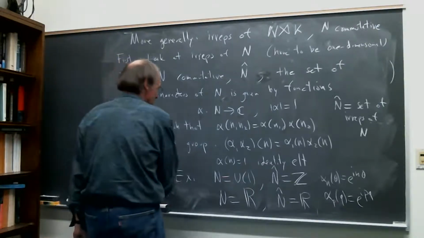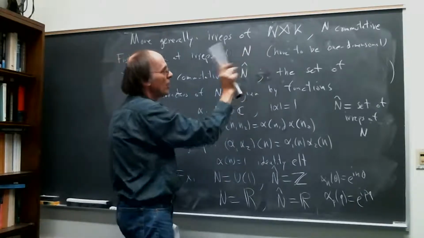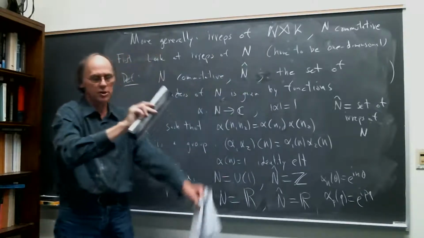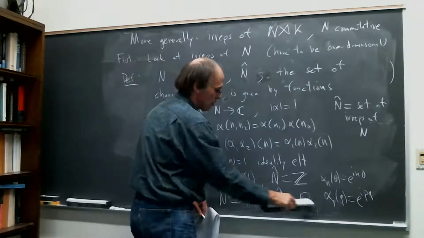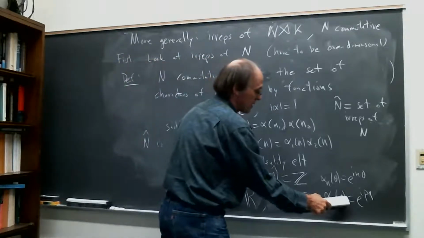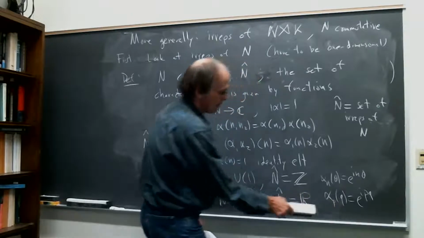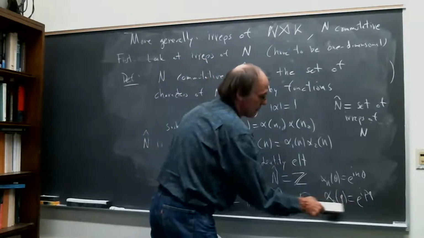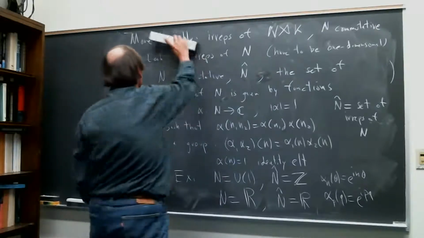In the cases we've looked at, N was R2 or R3, and N hat was also R2 or R3. You just went from functions of position to these characters labeled by the momenta.